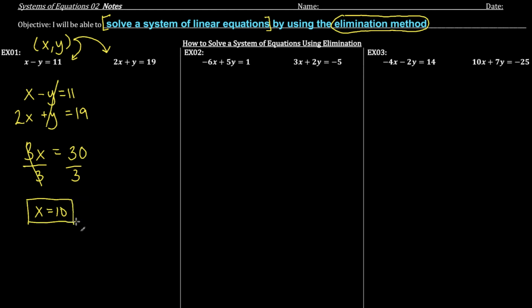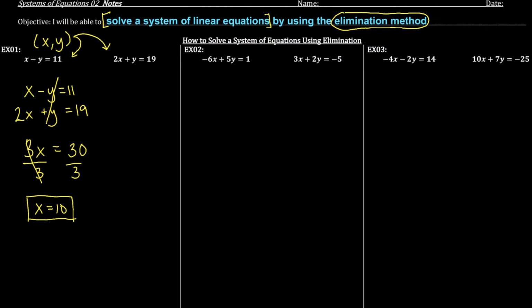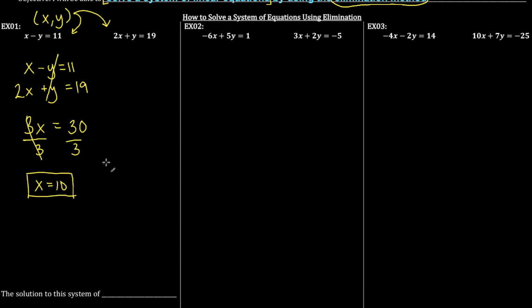Now here's the thing, the solution has an x and a y. So we've got to plug 10 into here or 10 into here to find it. I'm going to do it for both just to show you, but you'll only have to do it for one. So x is 10. So I'm going to do x minus y equals 11, and then 10 minus y equals 11.